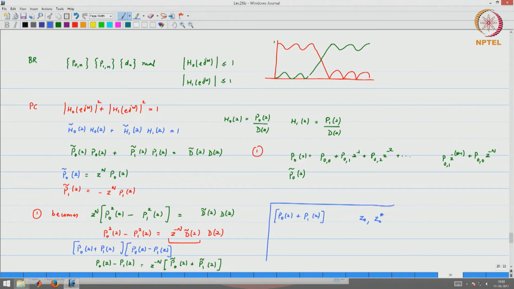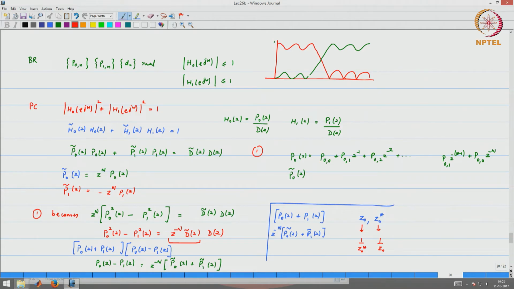Now, if you look at z^-n times P0 tilde of z plus P1 tilde of z, that basically says that wherever there is a zero, the reciprocal conjugate also has to be present. So this will be a zero at 1 over z0 conjugate, and this will give me a zero at 1 over z0.